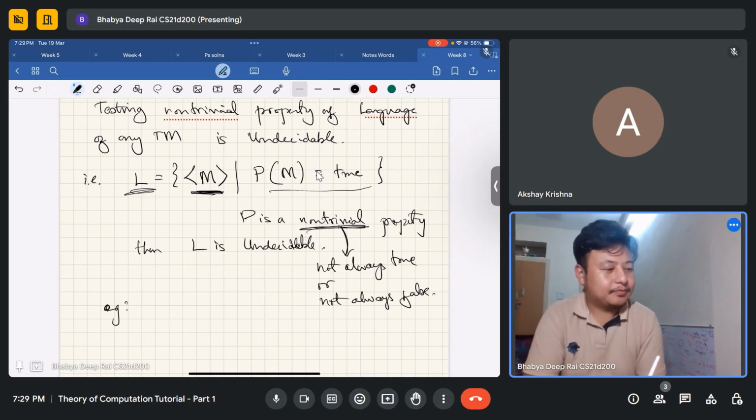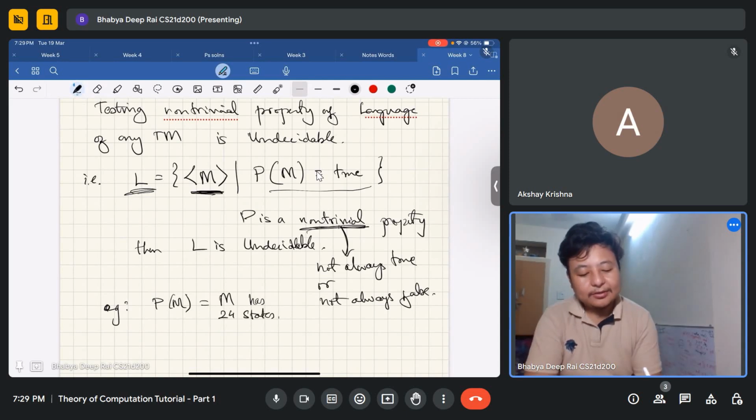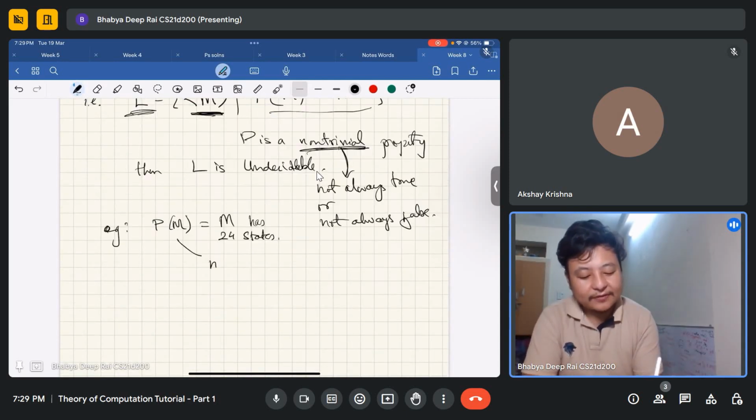Example, say P of M is the property that M has 24 states. So is this property trivial? This is not trivial. Why?